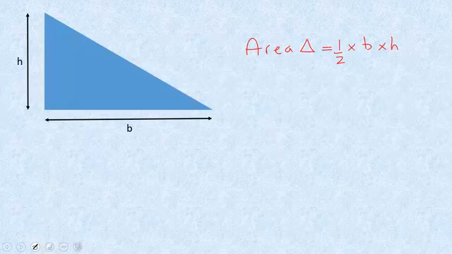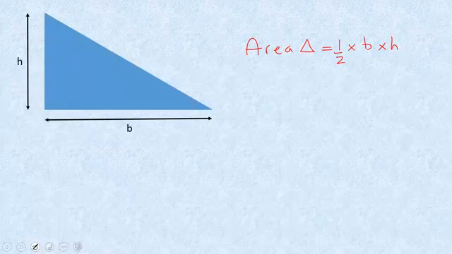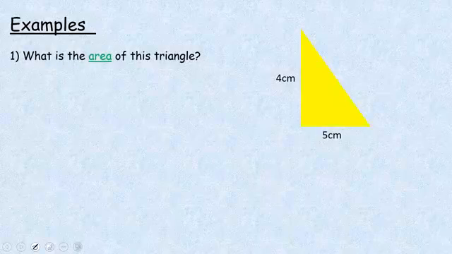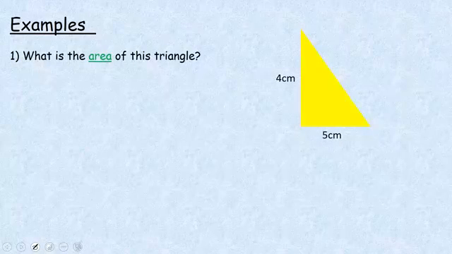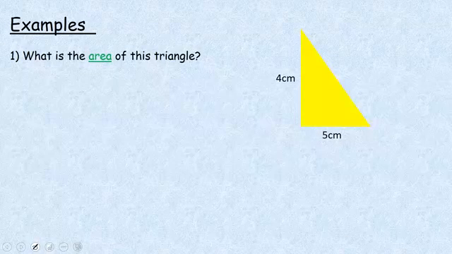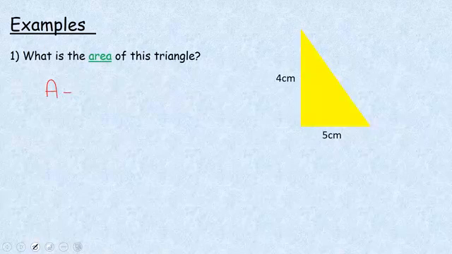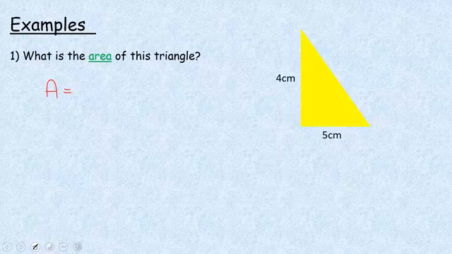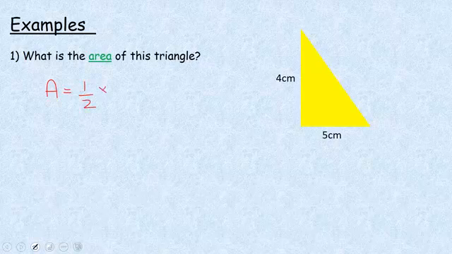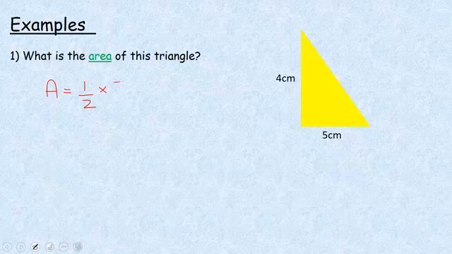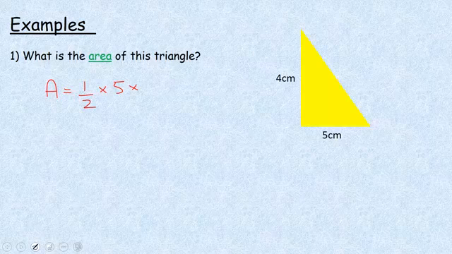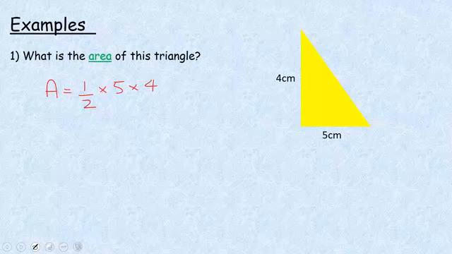So once you're ready, side heading examples. Let's have a look at this first example. Okay, so we've got, remembering that we know area, which we're going to abbreviate to A, is 1/2 multiplied by the base, which is 5, multiplied by the height, which is 4.